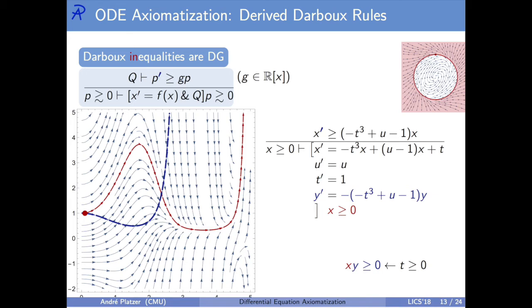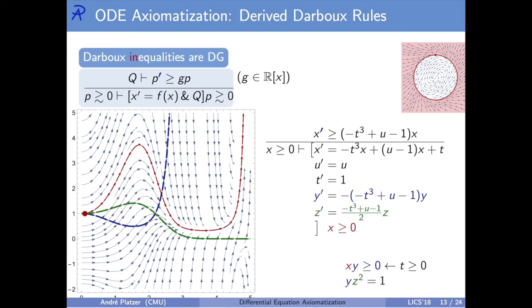And then the question is, wait, how do I know that this is being controlled? And you introduce the counterweight, you introduce a z prime equals minus g over 2 z, such that the question whether y is positive reduces to proving that yz squared is 1.